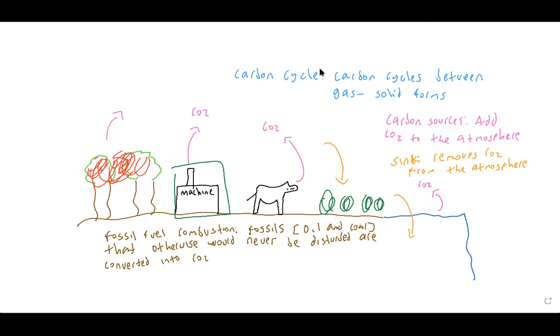So underneath the soil, there are fossil fuels in the forms of coal, in the forms of oil. And these normally are things that would never be disturbed. They're underground. They're not bothering anyone. They exist as a carbon sink.